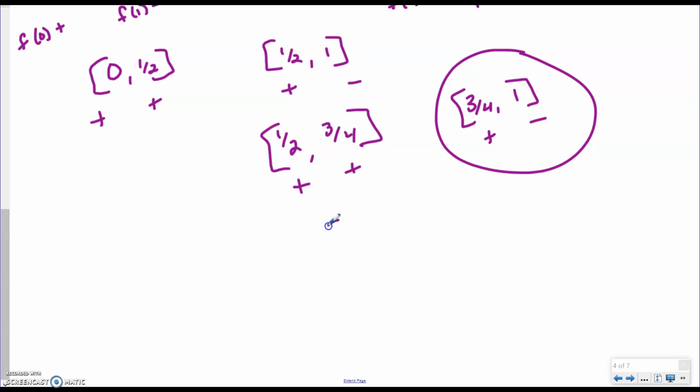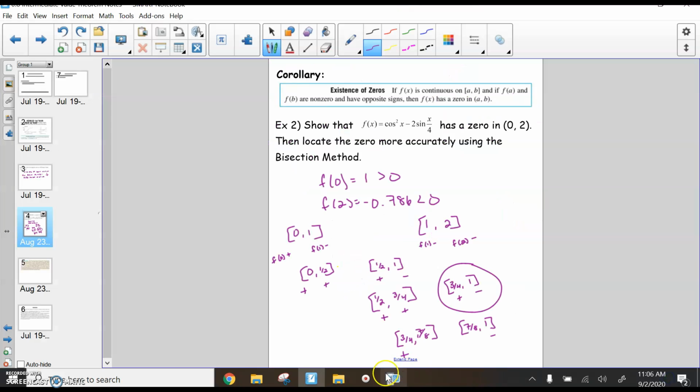And we're going to do from 3/4 to 1. Sorry, 3/4, and I'm going to go to 7/8 because this is really 6/8. So 7/8 and then 7/8 to 1. So we know negative, positive. Let's plug in 7/8.